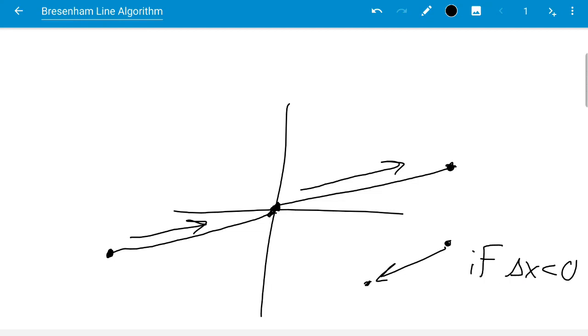So we can check to see if the second point we're given is actually to the left of the first point. And if they are, then swap them. So if we're given a line they want us to draw like this, we can detect that. We can say if delta x less than 0, then we swap them. This is the same as putting if x2 is less than x1. Then we can redirect this and use the same exact code, just swapping these so that this is x1, y1, and this is x2, y2. All right?